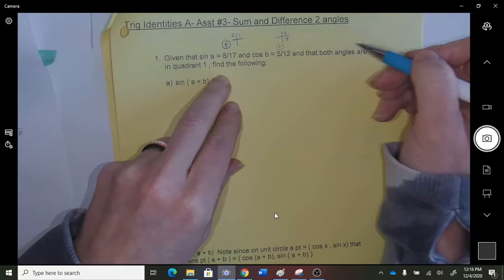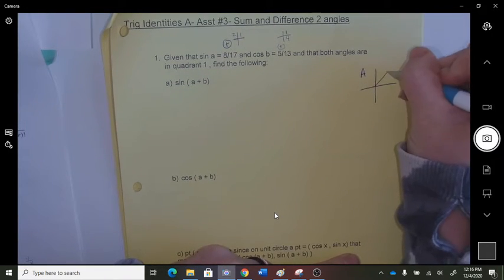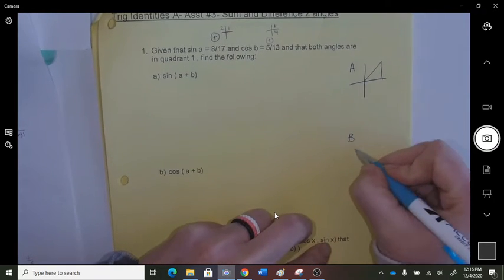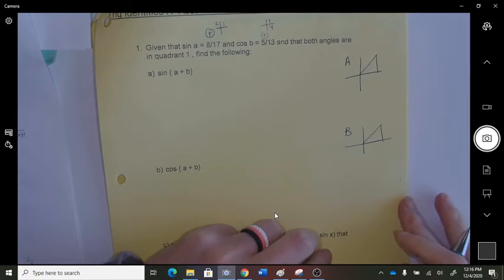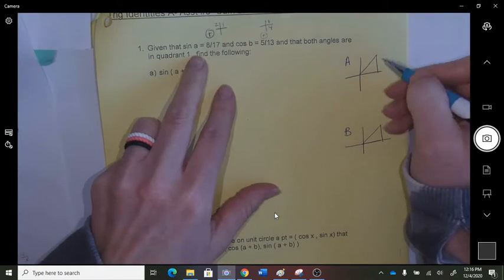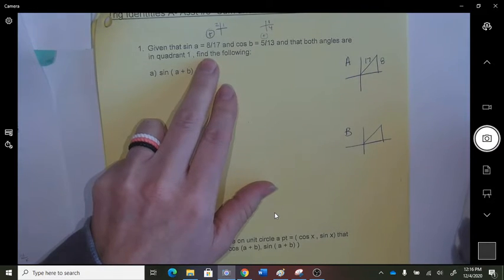Okay, so then I'm going to create some charts. So there's my A, there's my B. For the angle A, I know that's 8 and 17.